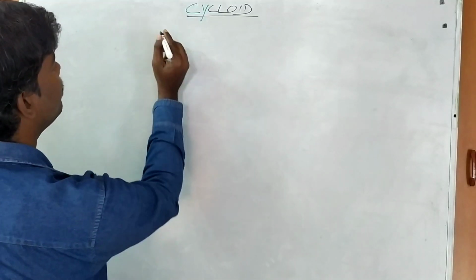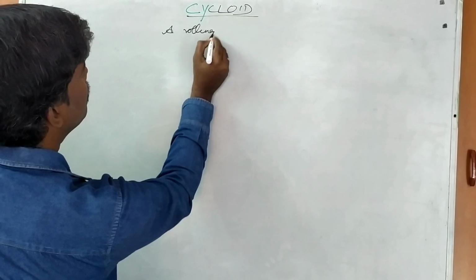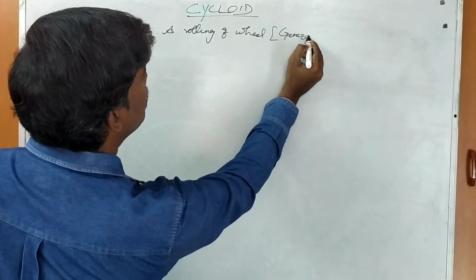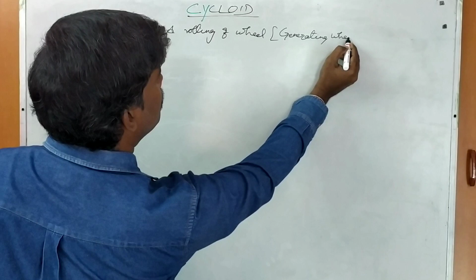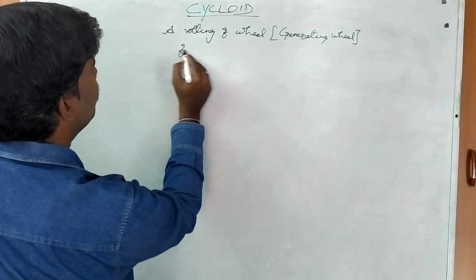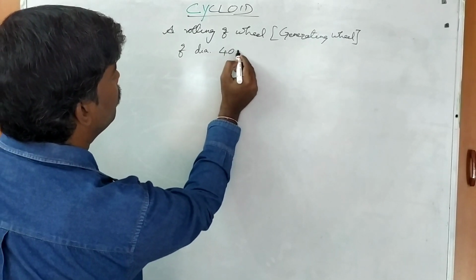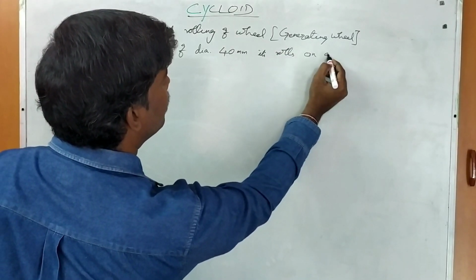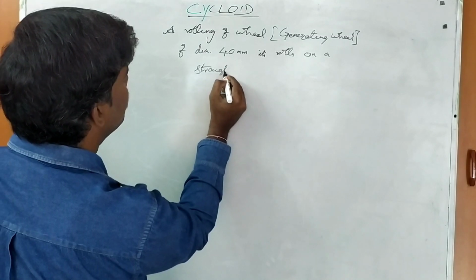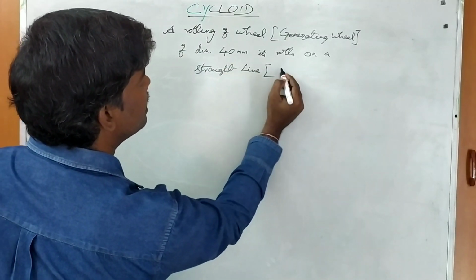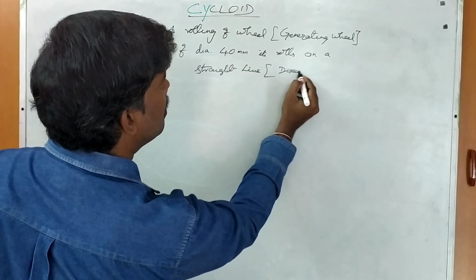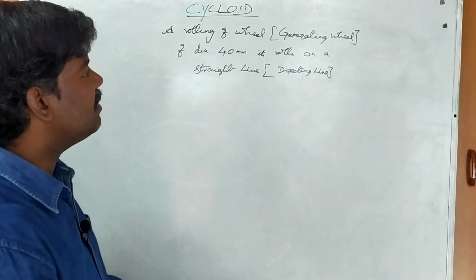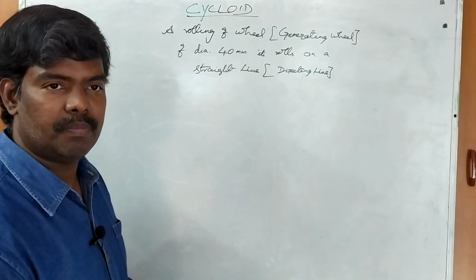The rolling wheel is nothing but the generating wheel, and the straight line is nothing but the directing line. So draw the curve.